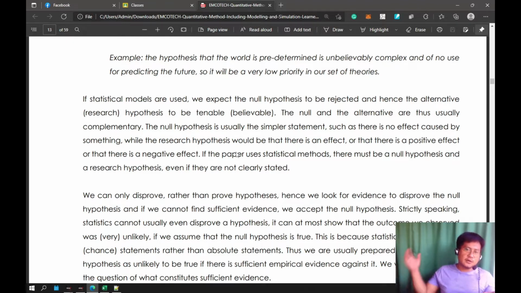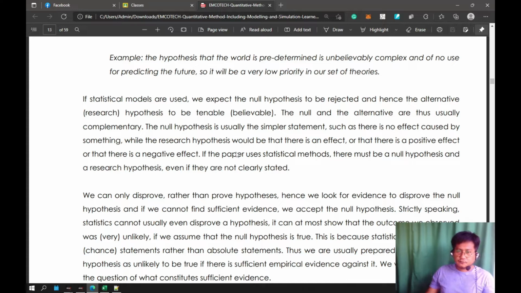That is the hypothesis, in contrast to the null hypothesis.